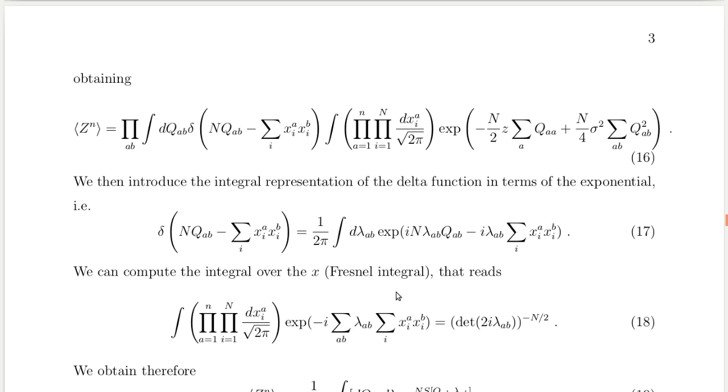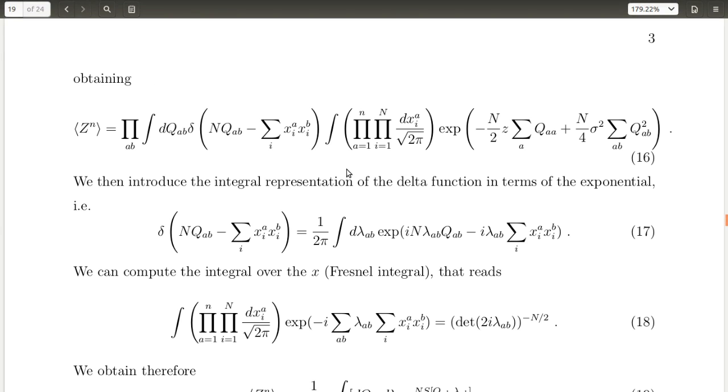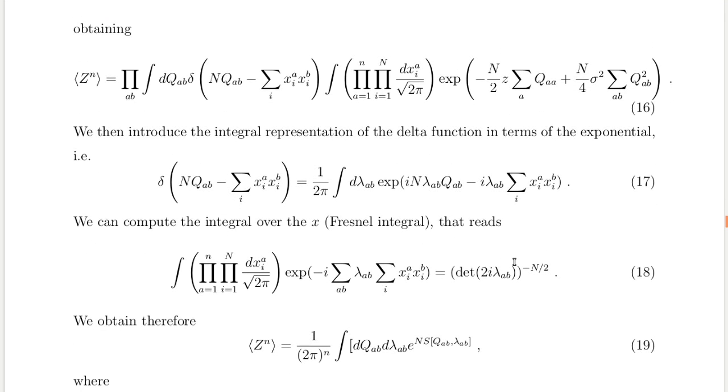This integral is similar to a Gaussian integral, but it is over the imaginary axis and is called a Fresnel integral. The value of this integral is just the determinant of this matrix lambda. Putting everything together, we obtain this final expression.